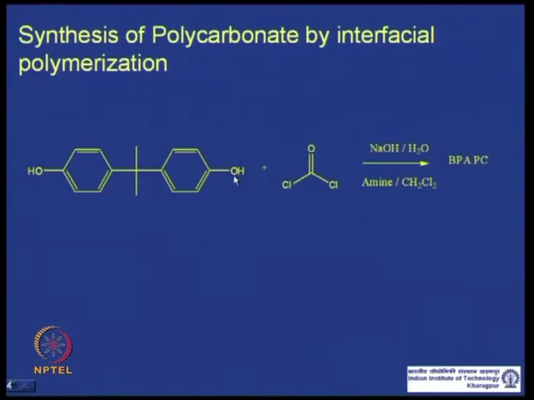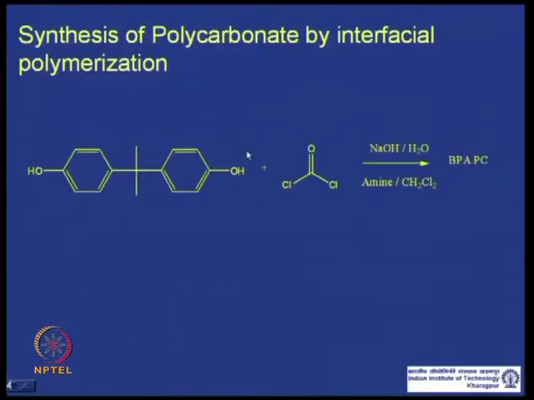Unlike the earlier case, say butylene glycol and ethylene glycol, even if there were differences in the reactivity between the two hydroxy groups, even if they were making blocky copolymers at the beginning, by reshuffling you would finally land up in a random copolymer. But in this case, the nature of the copolymer would depend upon the reactivity of the functional group.